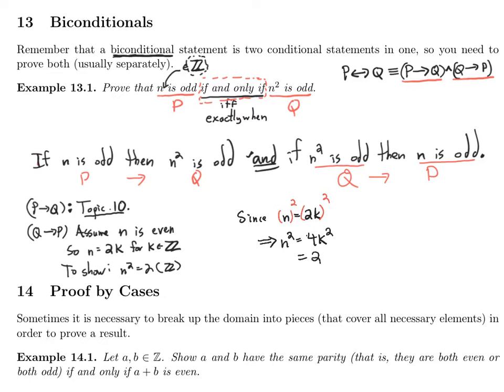So I'll pull out a factor of 2. And what's left is 2k squared. And since 2k squared is indeed an integer, we have that n squared is even. And in fact, I really should tell you here, because it's always a good idea when you're not using a direct proof, tell people what you're doing. This is contraposition.